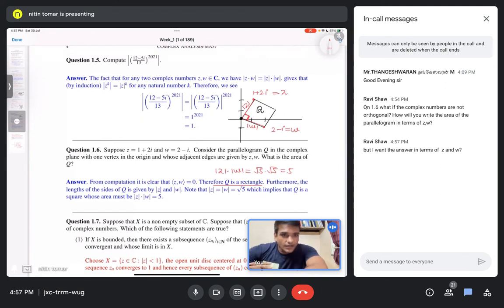Okay, any other doubt? But I want the answer in terms of Z and W. No, the answer will not be in terms of Z and W, because if you fix two complex numbers and you ask to compute the area, then it will be a numerical value.